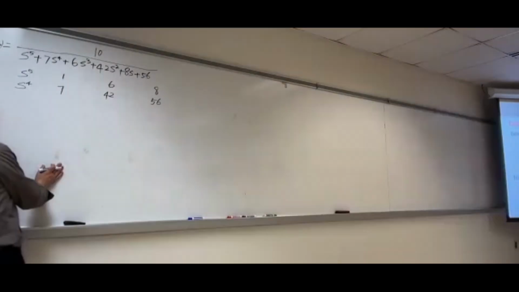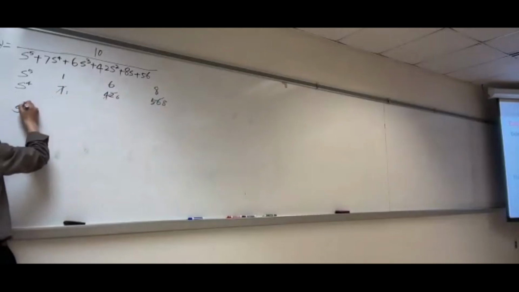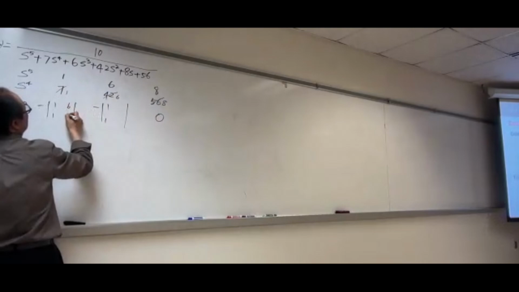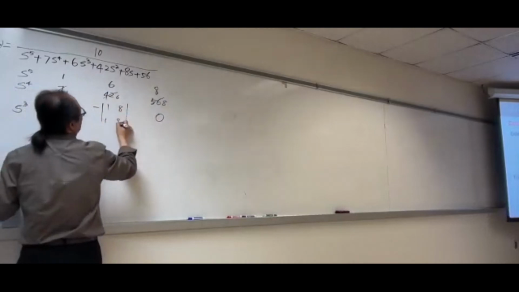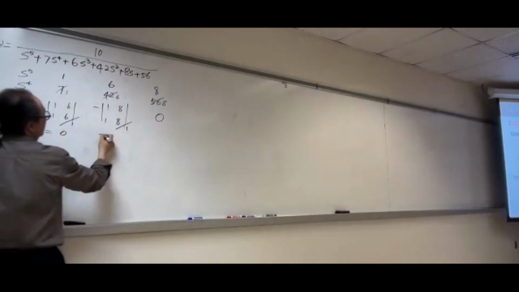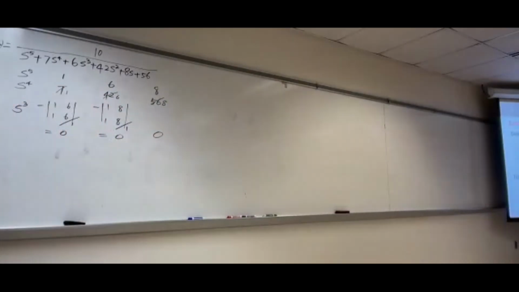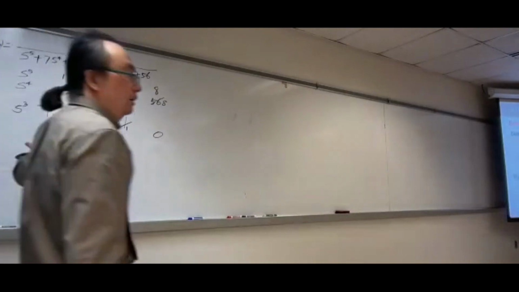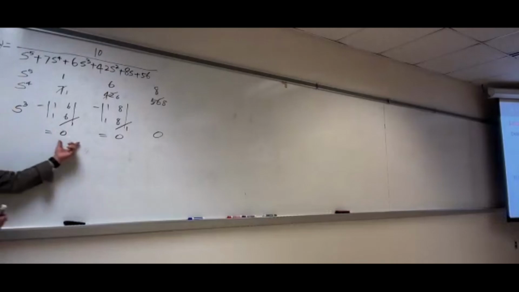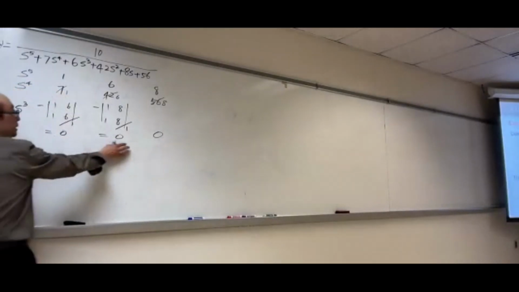You ready? I want to divide everywhere by 7. Then S3 is going to be 1, 1, and 6, 6, 8, 8. Divide by 1, equals 0, equals 0. We have 0. So now this is the case where we have an entire row equal to 0. Okay, now if we have an entire row of 0, then we cannot substitute epsilon in here.